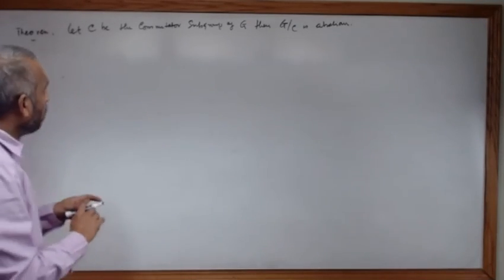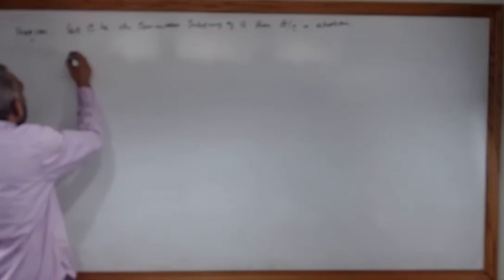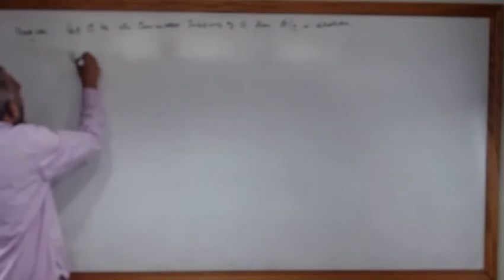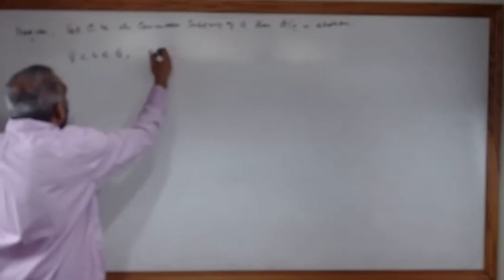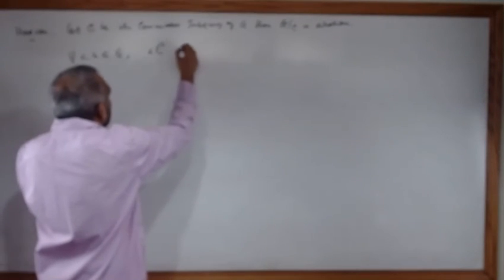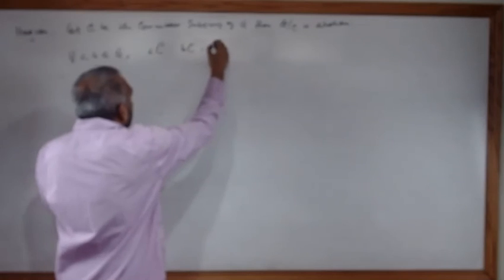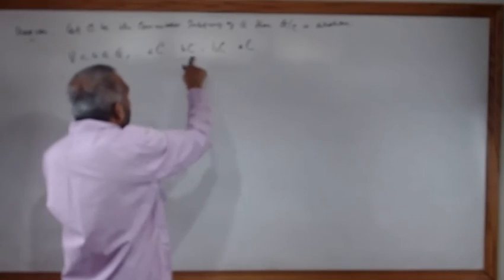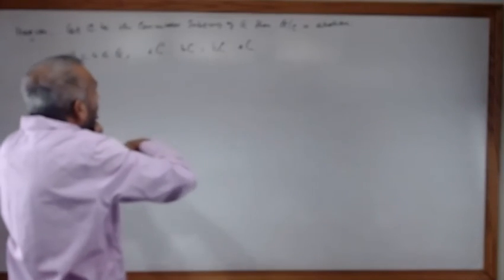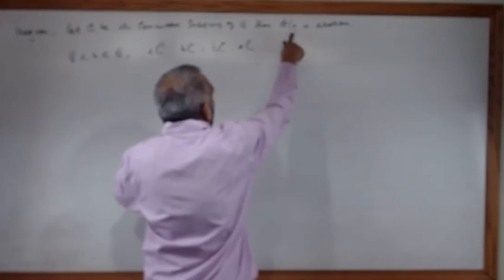So how do we prove it? We need to show that for all A, B in G, AC times BC is equal to BC times AC. These are the elements from the factor group G over C.